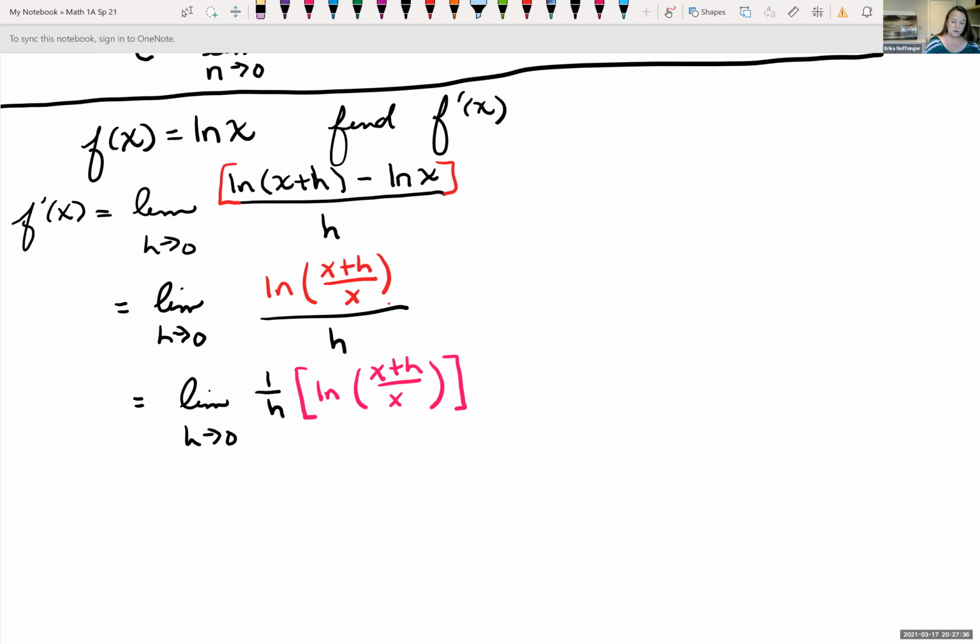Well, again, let's use our rules of logs. I know that if I have a coefficient or a number out front of a log, I can bring this up and move it to the exponent.